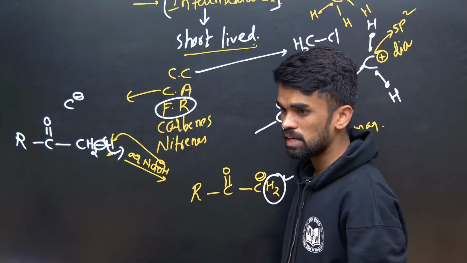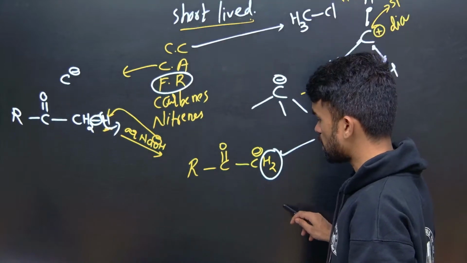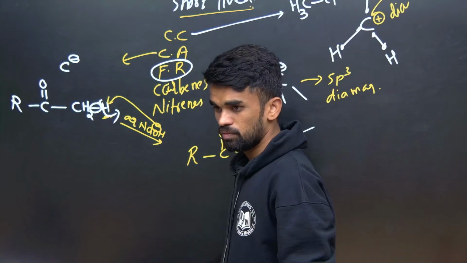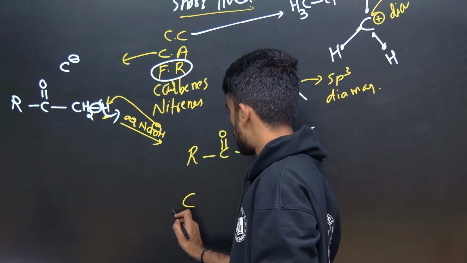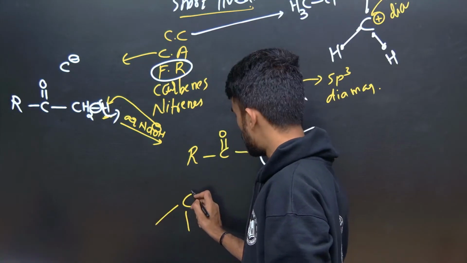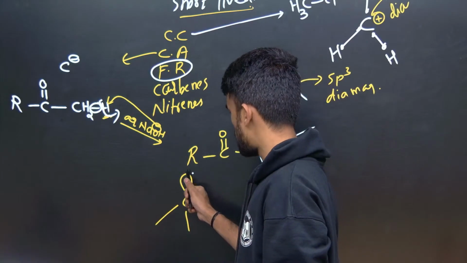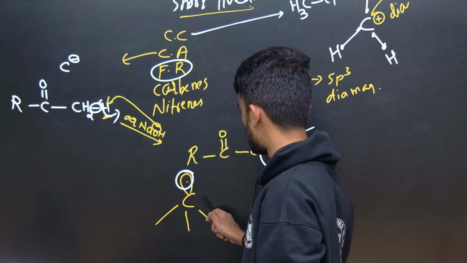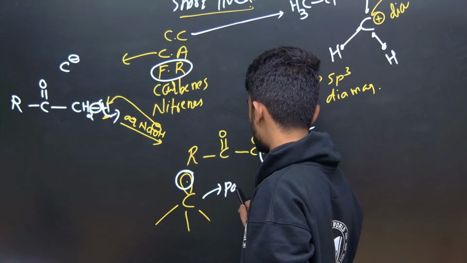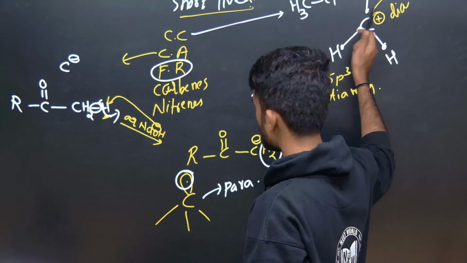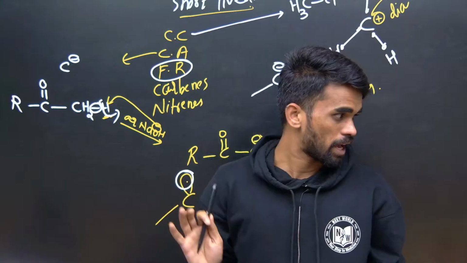Now what about free radicals? By homolytic bond cleavage we get free radicals. It means carbon with 3 bonded atoms and one orbital containing one unpaired electron. See, it has one unpaired electron. So can we call it a paramagnetic species? Yes. Carbocations and carbanions are diamagnetic, while free radicals are paramagnetic species.